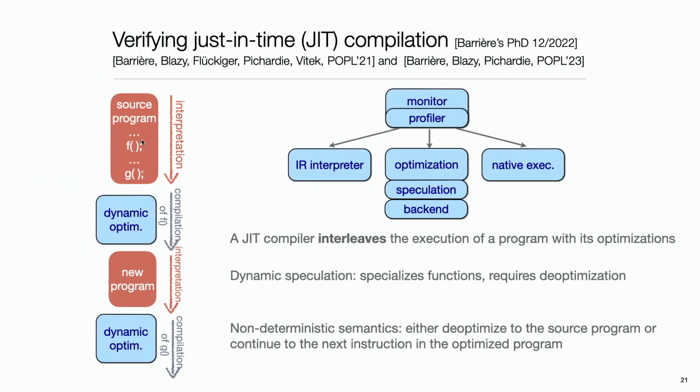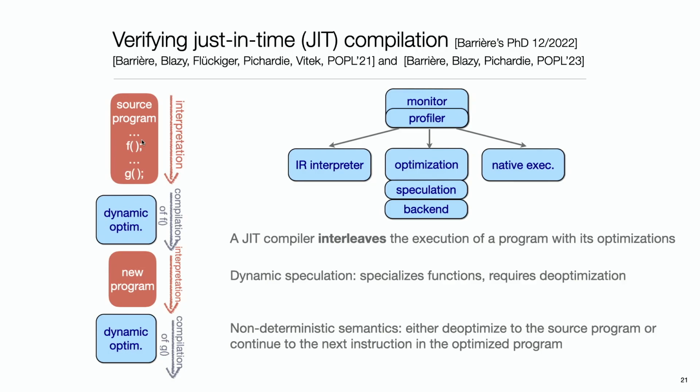Among the components of the JIT, there is a profiler that tracks functions that are reused very often, or variables that may have constant values. For instance, after several calls of function f, the profiler will say, hey, this function is called very often.